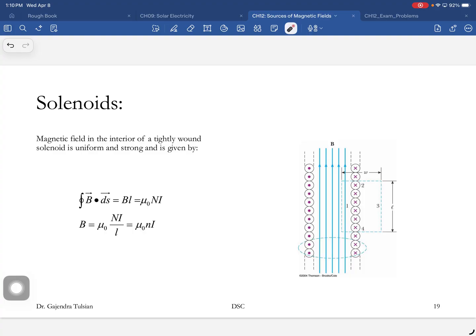Again, the strength of the magnetic field is the same, mu naught n, the number of wires per unit length, times I. Do you remember where you need fields like this? In MRI machines you have a field like this.